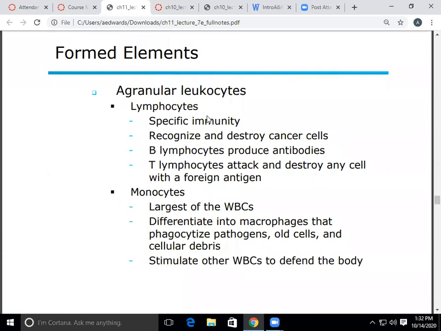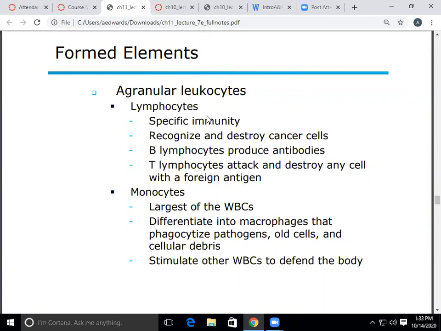The agranular leukocytes are your lymphocytes and your monocytes. The lymphocytes are involved in specific immunity, so you're being immune to something very specific. It's not generalized. There are different lymphocytes with different specificity, so each different type of lymphocyte could give you immunity to something different.